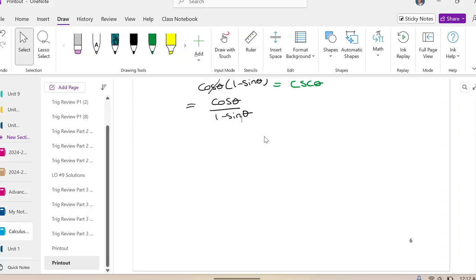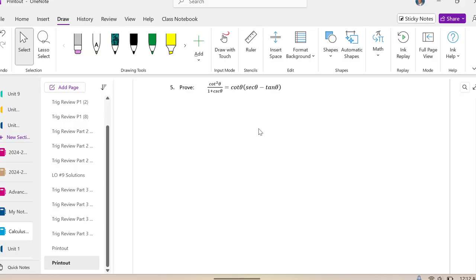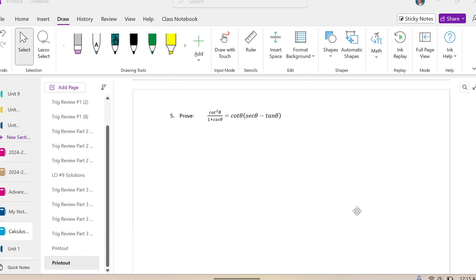All right, the last one here. Cotangent squared over 1 plus cosecant.